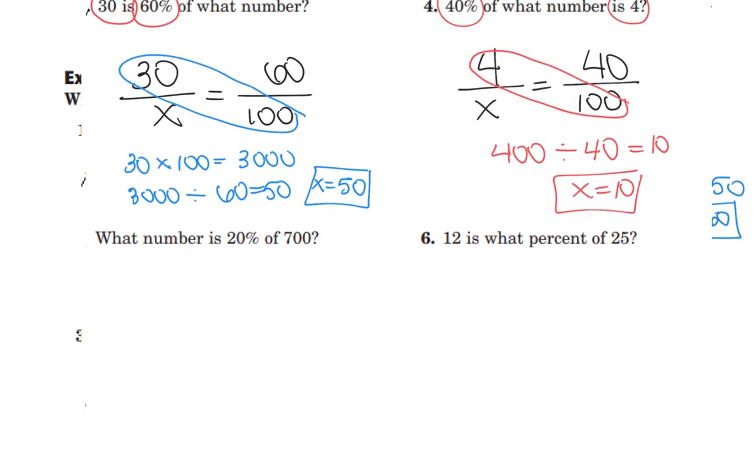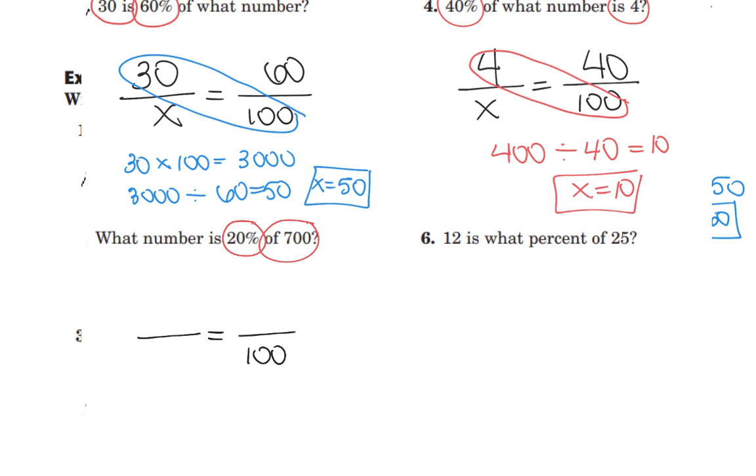Okay, so we're going to scroll down. Okay, last two. Number 5, what number is 20% of 700? So set up your percent proportion. In a percent proportion, we always have the 100 in the bottom right. So it says "is 20%" and "of 700."